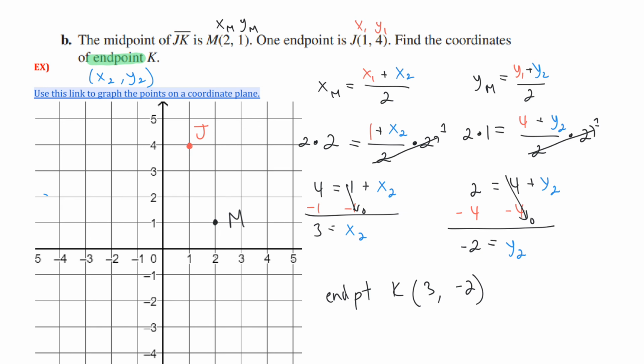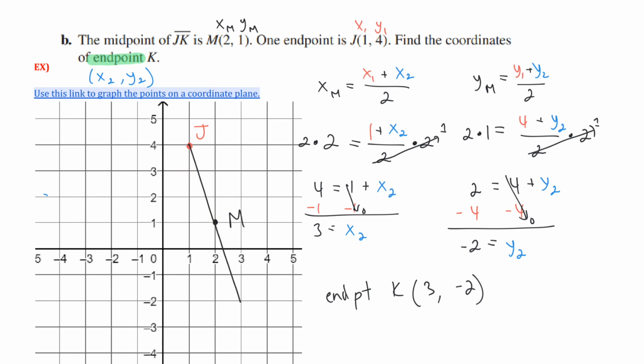Now I can, just like before, join these 2 points with a segment. However, M is our midpoint. It needs to be in the middle of the segment. So what I actually need to do is continue past point M, and I want to continue past it about the same amount as JM.